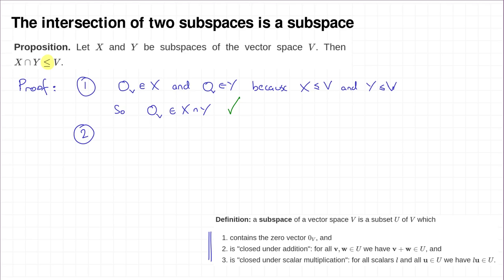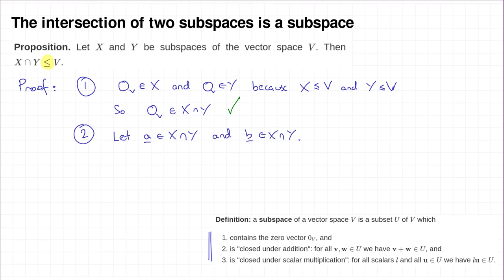Condition 2, we have to show that X intersect Y is closed under addition. So I have to pick two elements of X intersect Y and show that their sum is in X intersect Y again. So let us let vector A be in X intersect Y, and vector B be in X intersect Y. Okay, what can we say about A plus B?